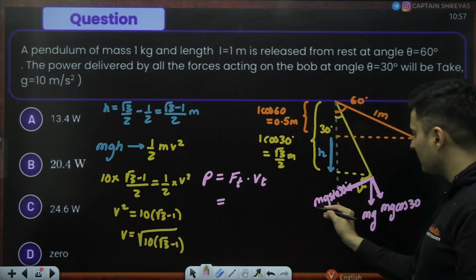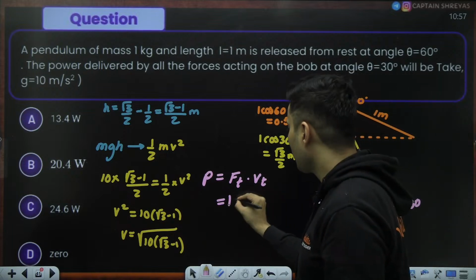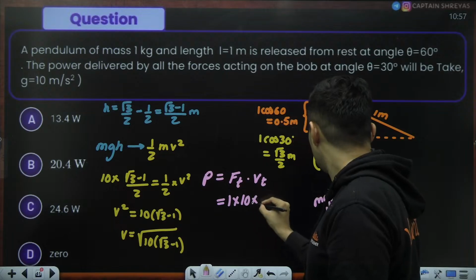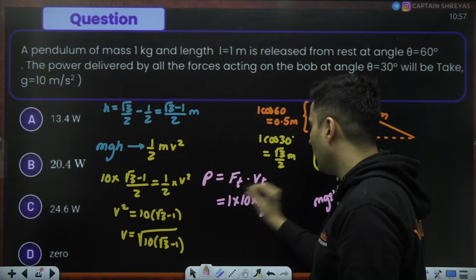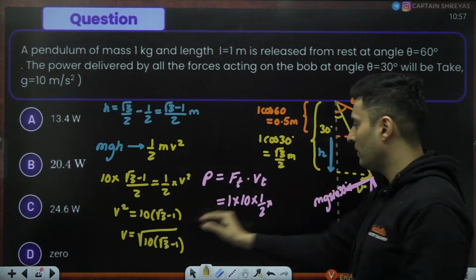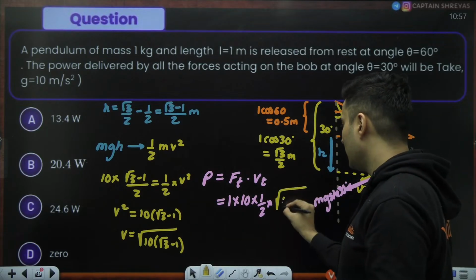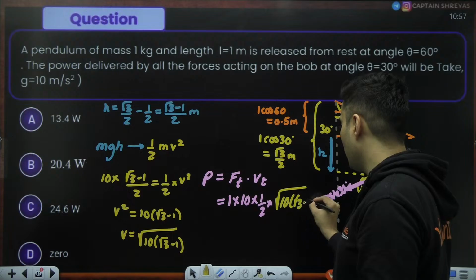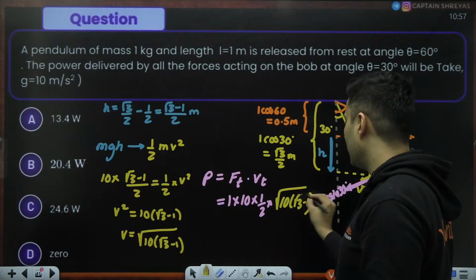Force along the tangent is this one, mass is 1, g is 10, sin 30 is half, and velocity is exactly this one, whatever we found out. So root of 10 multiplied by root 3 minus 1. Yep, that is what it is.